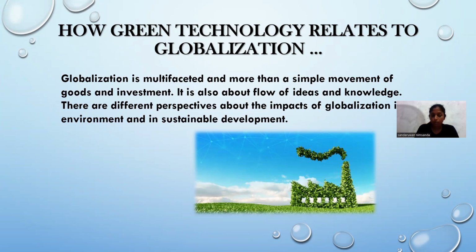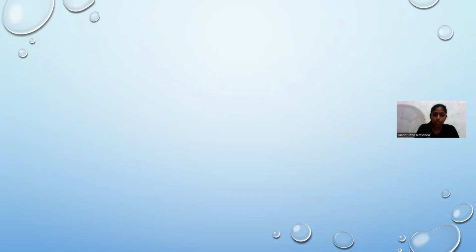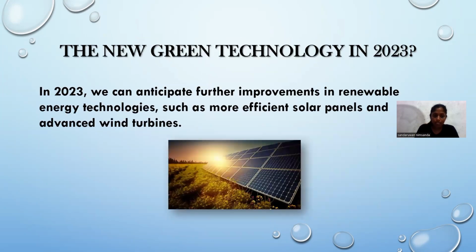Technology and globalization are closely interconnected and have a multi-functional relationship. Technology has enabled globalization by improving communication and transactions, making it easy for goods, services, people, and ideas to cross borders.